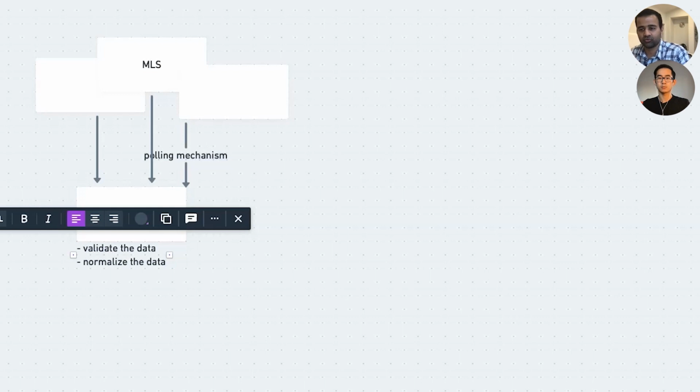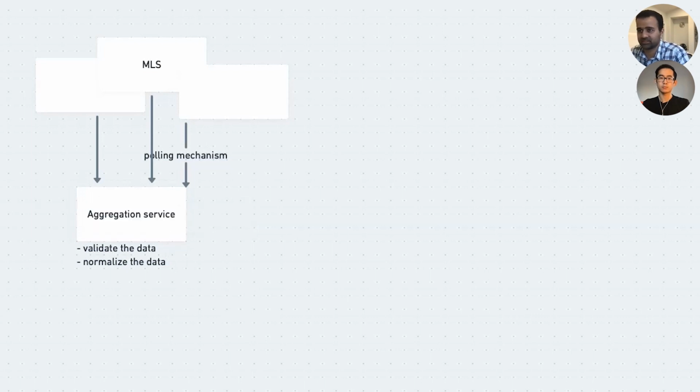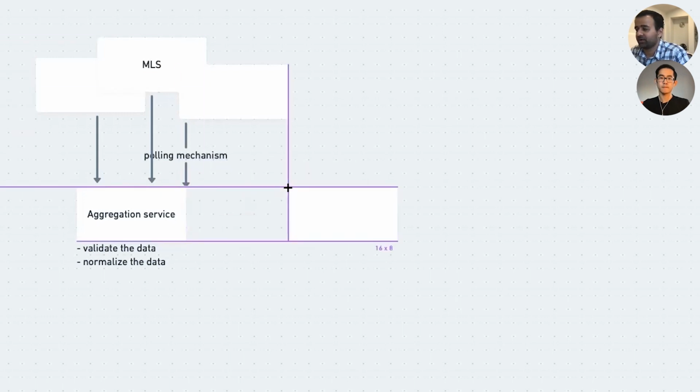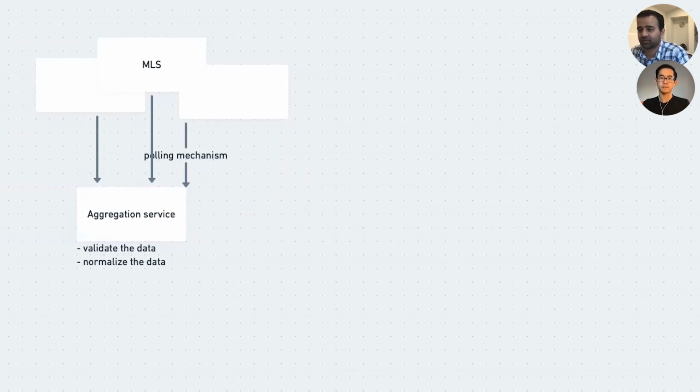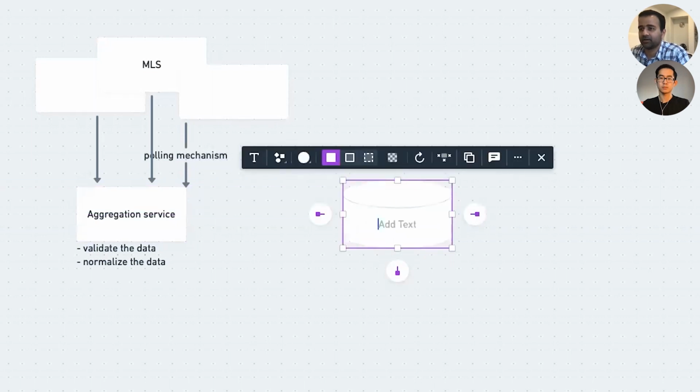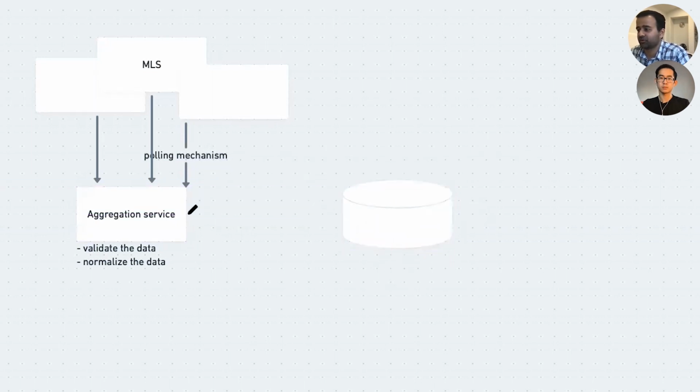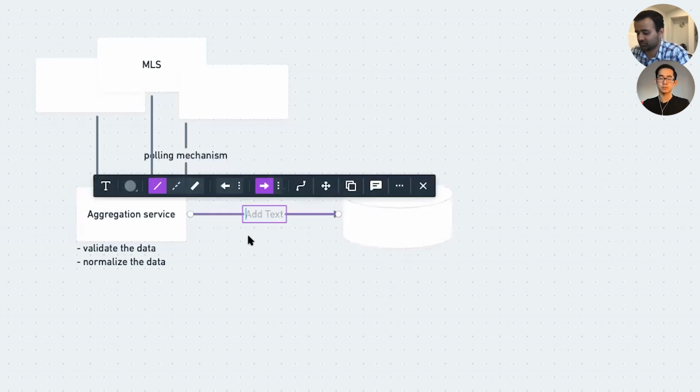So before you store this data on your end, you would want to normalize and standardize that data. Once the service does that, the next part is to hand it off to your database, and this could happen in the form of a queuing system.